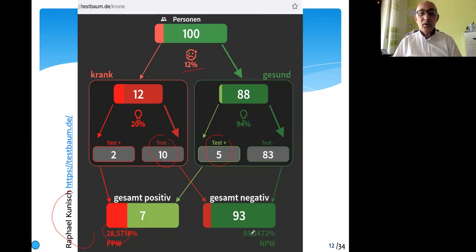So although it is a very specific test, due to its low sensitivity, it is not advised.